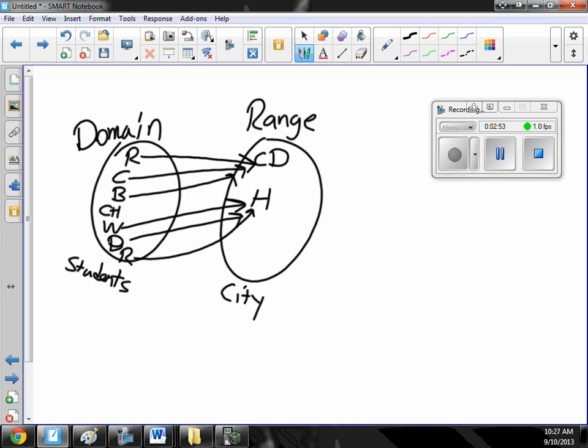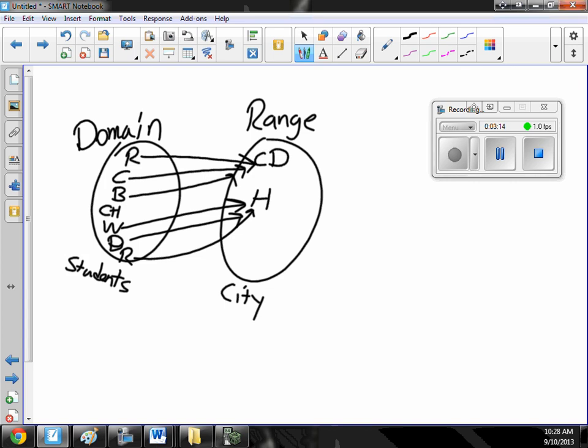Can Reagan live in Huntington and in Castledale at the same time? Maybe Monday, Wednesday, and Friday she lives in Castledale, and Tuesday, Thursday, Saturday she lives in Huntington. But can she ever live in both of them at the same time? You're either one or the other, right?